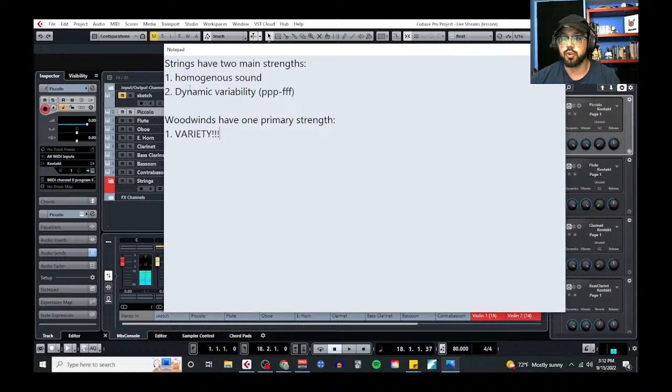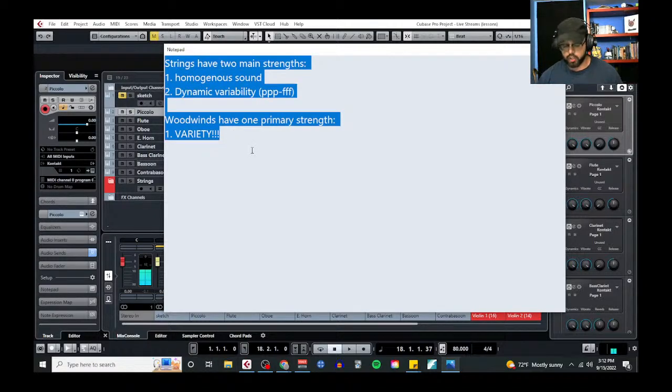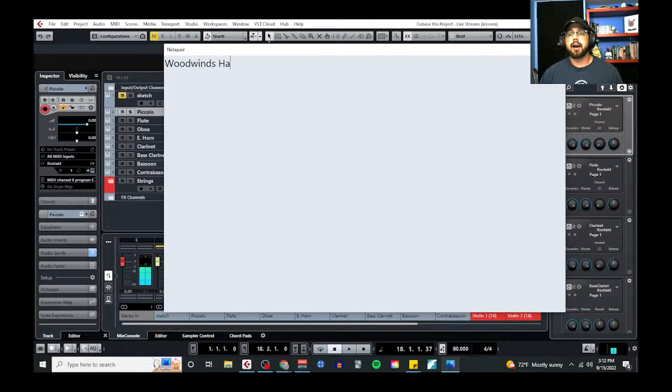So the first thing we need to do is learn that the woodwinds have three subsections. These subsections are divided based off what happens to their tone colors. So we have the flutes, we have the single reeds, and we have the double reeds. Now, in general, the flutes are the flutes, of course, and piccolo.